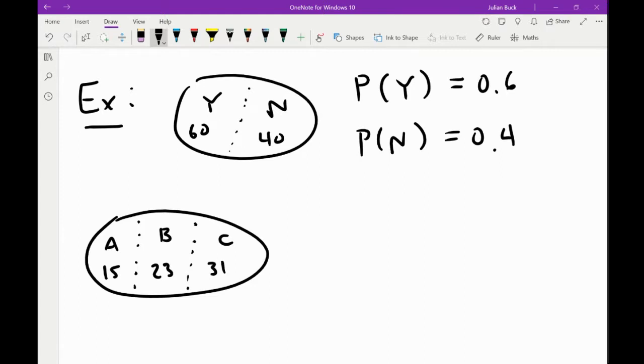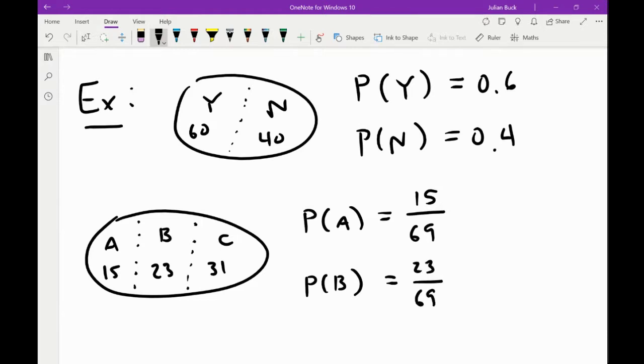So what's the probability predicted for A? It's 15 out of 69. The probability of B would be 23 out of 69. And the probability of C would be 31 out of 69. So this is a nice flexibility that you get if you use probabilistic predictions. It works either way for binary or multinomial classification.